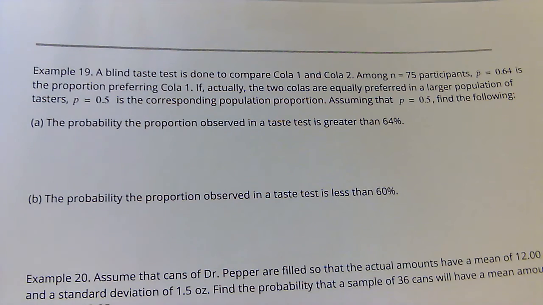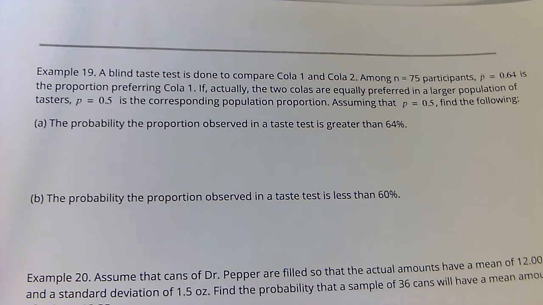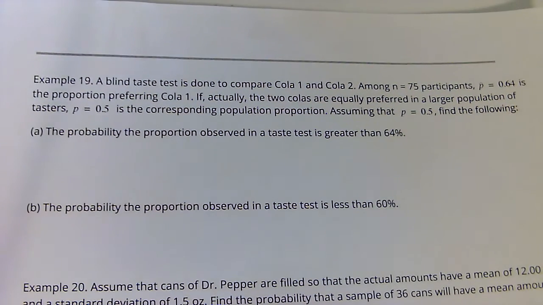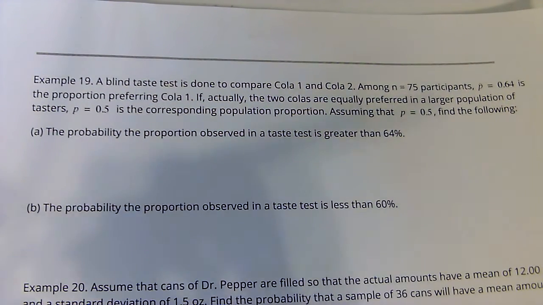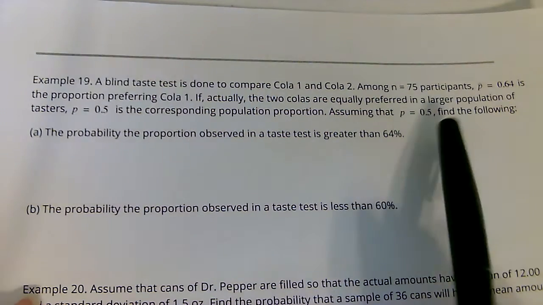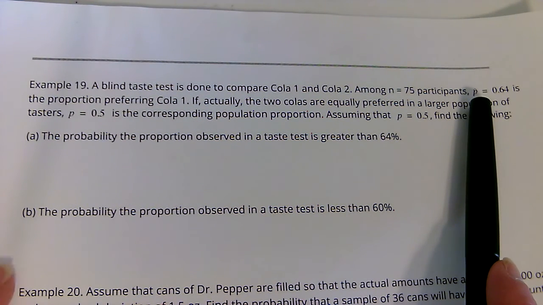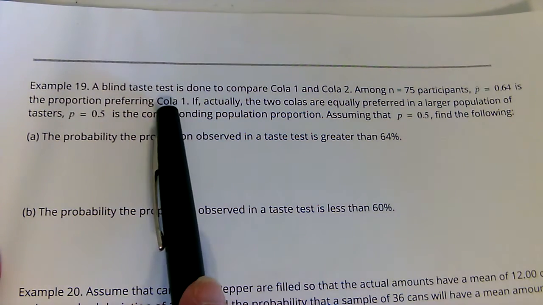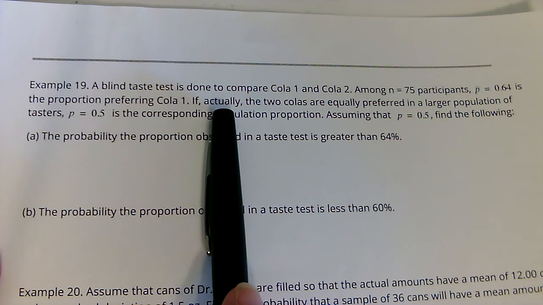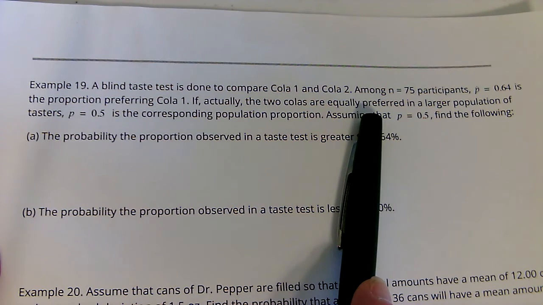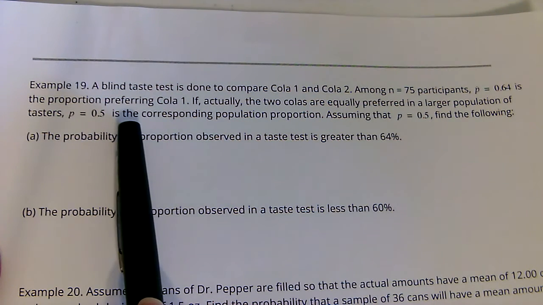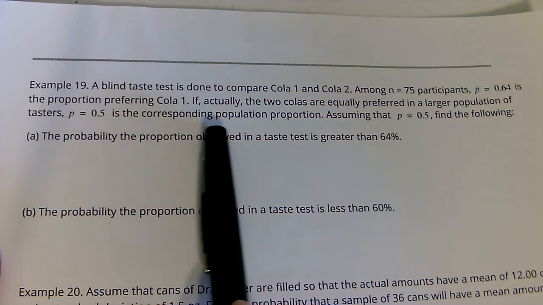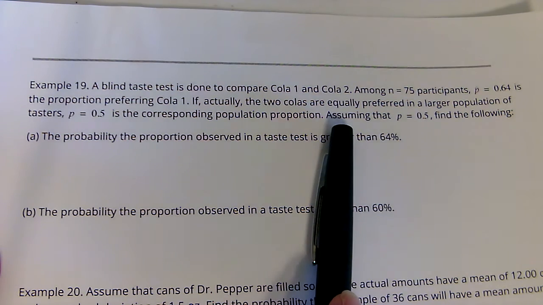So a blind taste test is done to compare cola 1 and cola 2 among a sample of 75 participants. The proportion is 0.64 that prefer cola 1. If actually the two colas are equally preferred in the population, 0.5, that would be the population proportion.